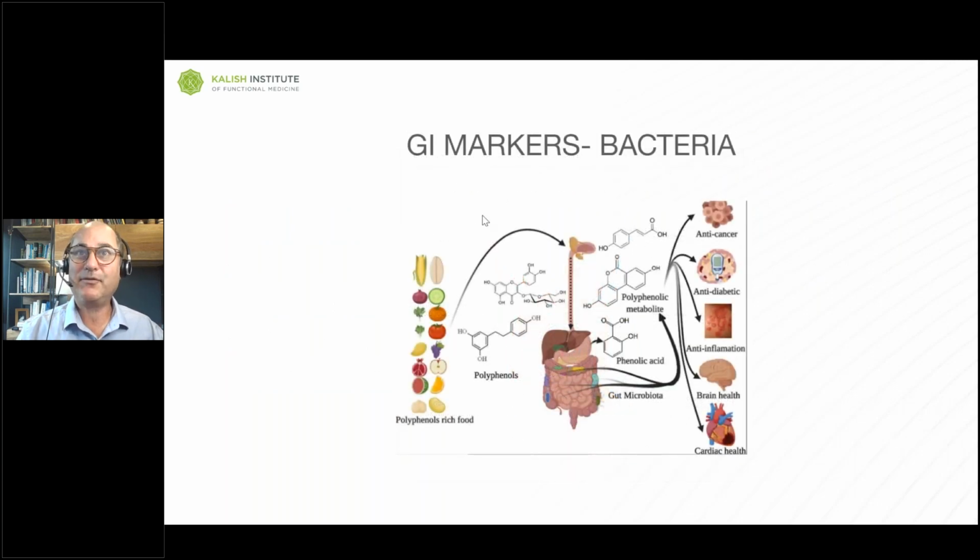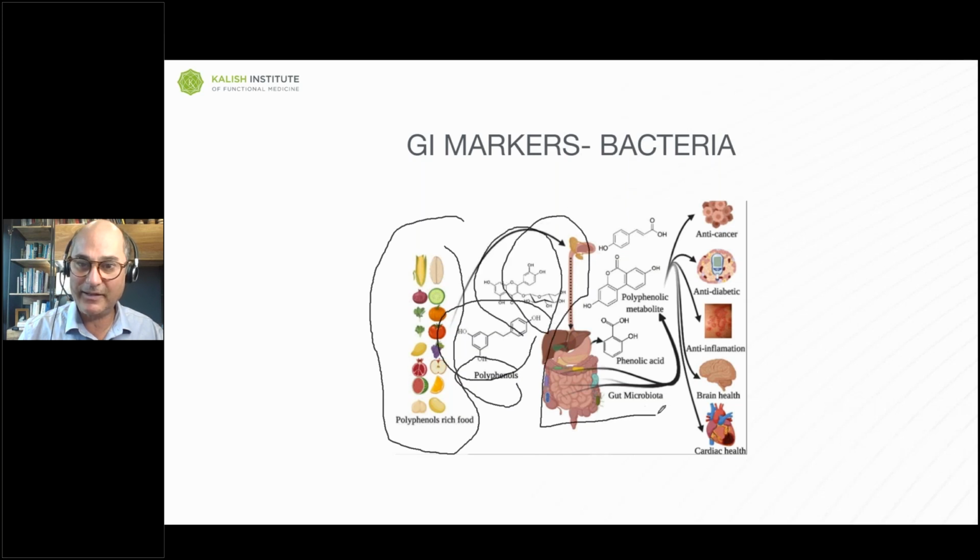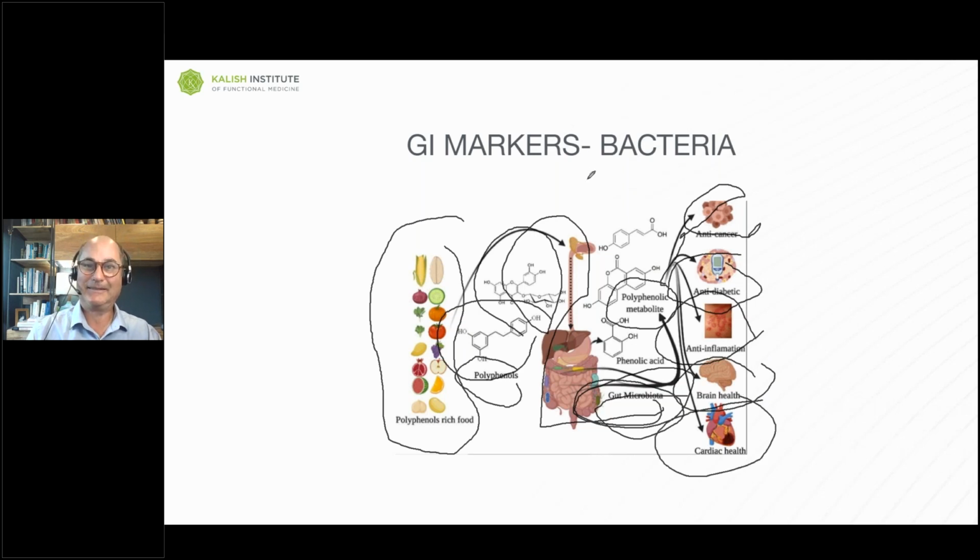Again, here's the process for the polyphenols, because this is the mystery part. You eat the polyphenols, and there's just basically a bunch of vegetables and fruit they're trying to show you there. Here are the polyphenols. They're kind of big, molecularly large structures. They're going into your mouth, into your gut, and then your gut microbiome is feeding on them, and then they're making all these polyphenolic metabolites, which have anti-cancer, anti-diabetic, anti-inflammatory, brain modulating, and cardiac modulating effects.